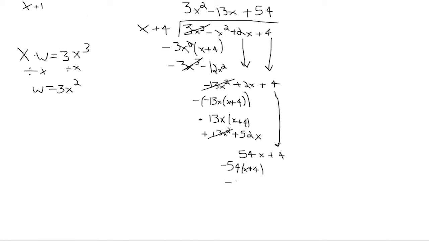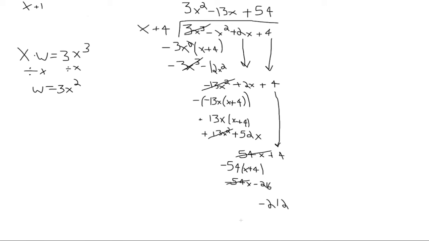That's the same thing as subtracting 54x and then subtracting this. Let's use the calculator. Then we know that these cancel. What is 4 minus 216? It's minus 212. And yeah.